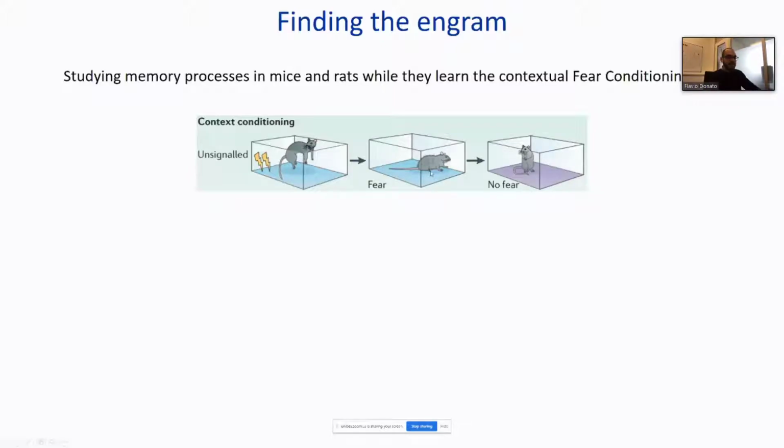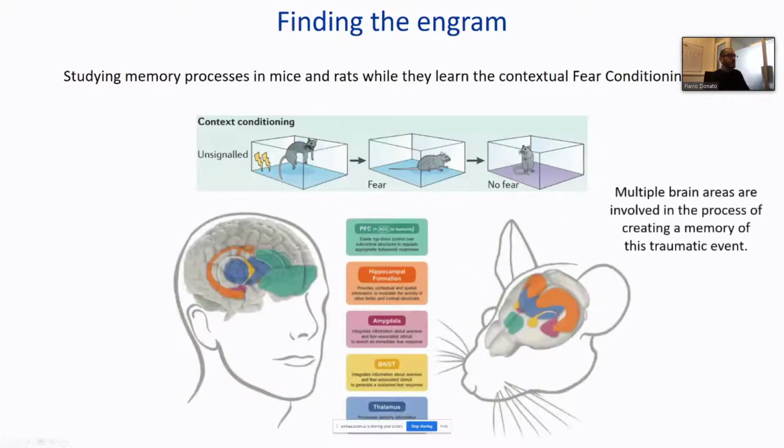We know that there are many brain areas which are involved in the formation of this type of memory. These are a few of them. The prefrontal cortex is involved in the formation of these memories. The hippocampal formation is the place where we suspect the ability to create this memory lies, because of the studies that came from Henry Molaison. You need the amygdala, and then you need two areas, the bed nucleus of the stria terminalis and the thalamus, which we're not going to talk about.